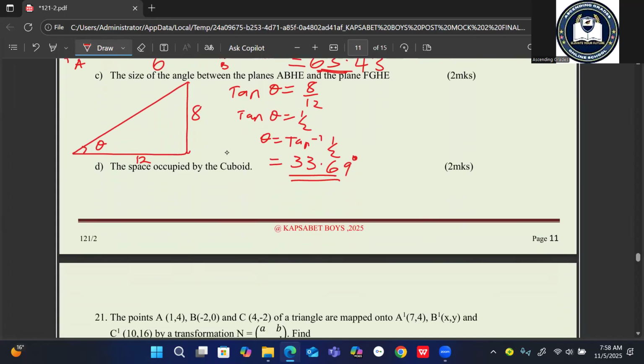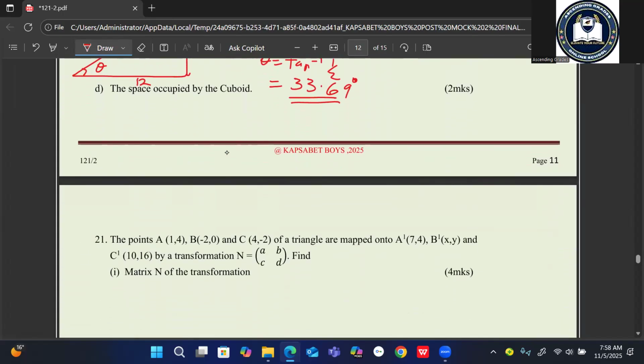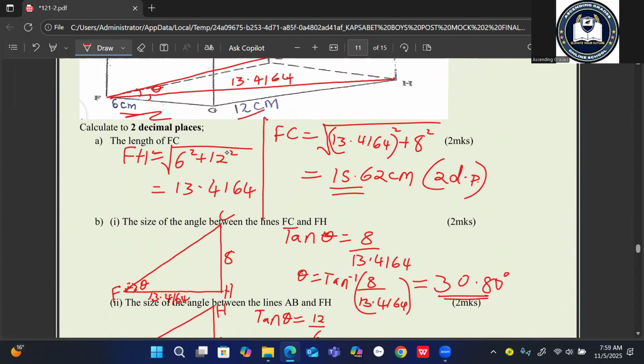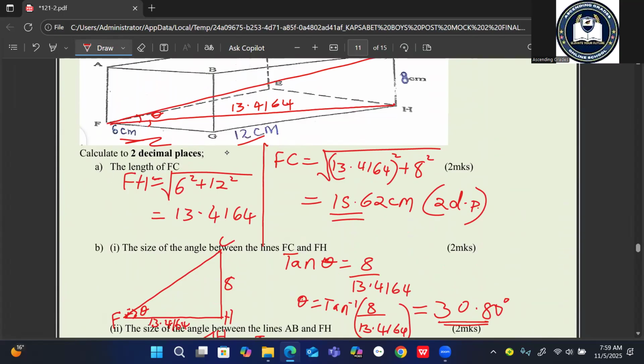So from there we go to part D, the space occupied by the cuboid, that is volume. Know that volume of a cuboid is given by length times width times height. So this one is equal to what? Our length we have 6, 12, 8.